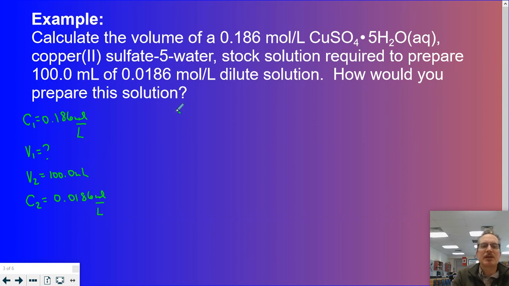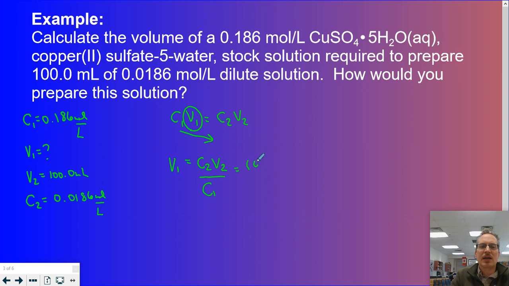So my formula is still C1V1 equals C2V2. We are going to solve for V1, so we're going to move C1 to the denominator. To find the initial volume, we're going to take the final concentration, multiply it by the final volume, divided by the initial concentration.